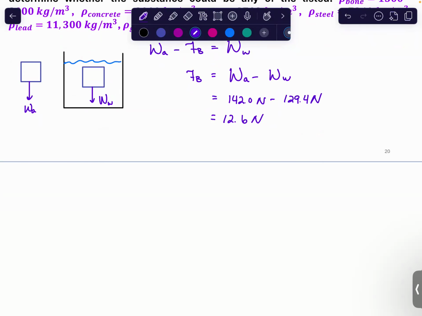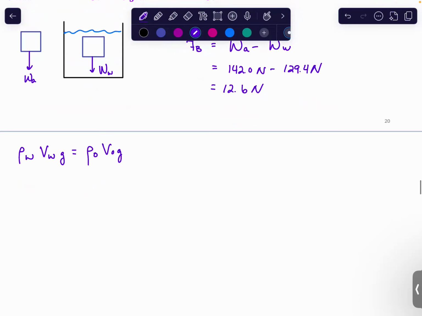Now, we start by saying density of the water, volume of water, gravity, density of the object, volume of object, gravity. And since it's completely submerged, we're also going to take into account a couple of other things.